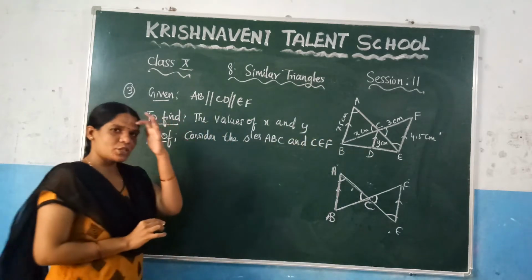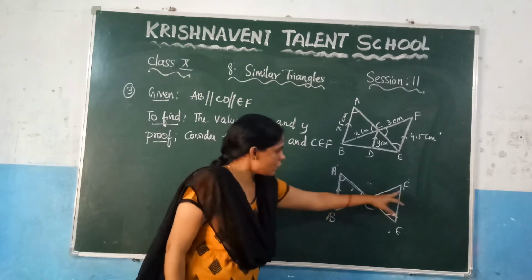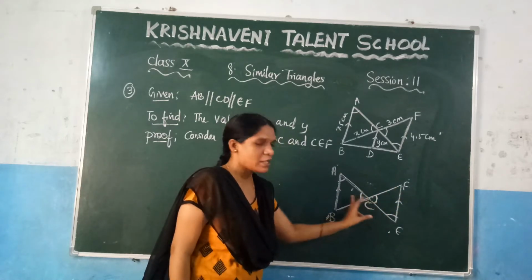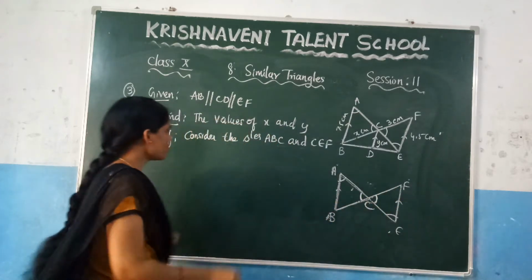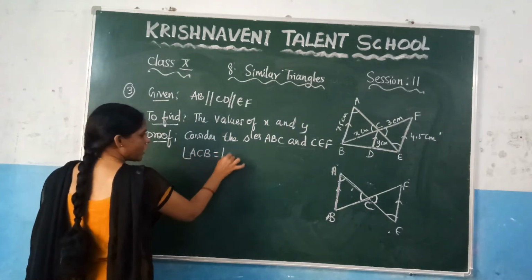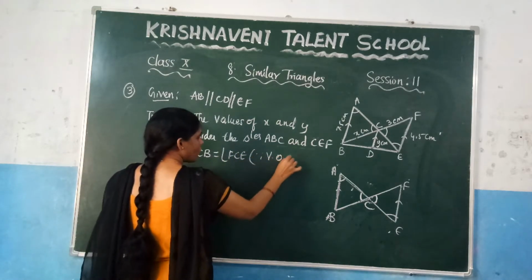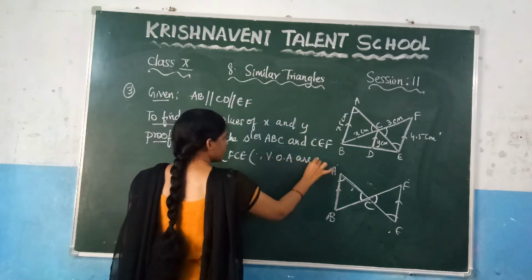If you consider these two triangles, you know that angle ACB is equal to angle FCE. Why? Because these are vertically opposite angles. So write it here, angle ACB is equal to angle FCE, since vertically opposite angles are equal.